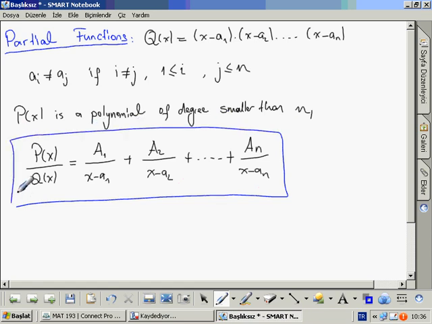Okay, this is the partial fraction decomposition, for certain values of the constants, which are capital A1, capital A2, and capital An.